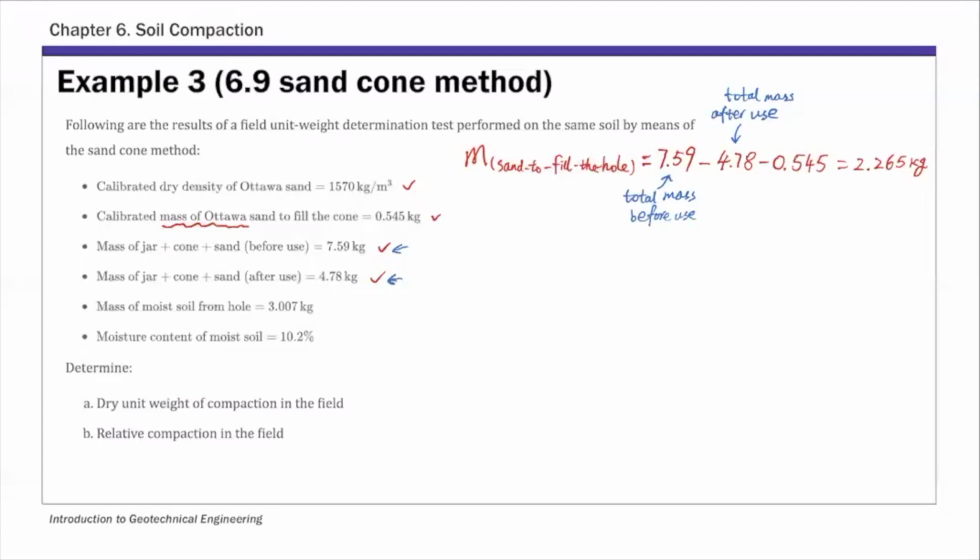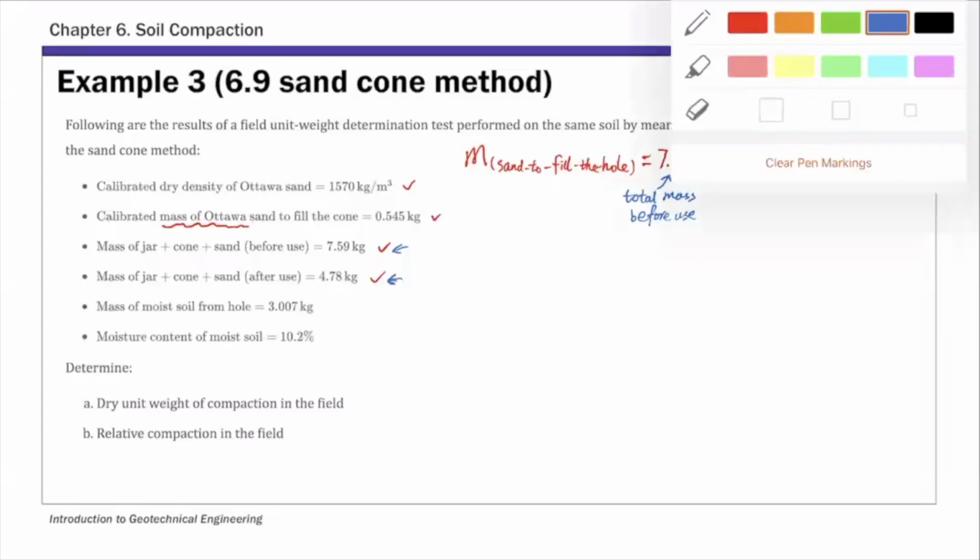So to get the sand in the hole, we need to subtract from the difference this last number, which is the sand to fill the cone. Then the final number is the sand to fill the hole. So that gives you the mass of sand to fill the hole, and then you can calculate the volume of this hole on the ground.